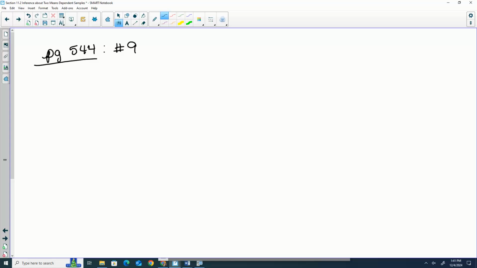So on your calculator, you want to clear all of your lists. Remember, clear, not delete. And enter your data in order.